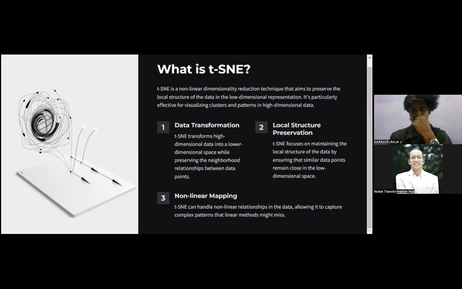Non-linear mapping is another element: tSNE can handle non-linear relationships in data, allowing it to capture complex patterns that linear methods might miss. So these are the characteristics of tSNE.